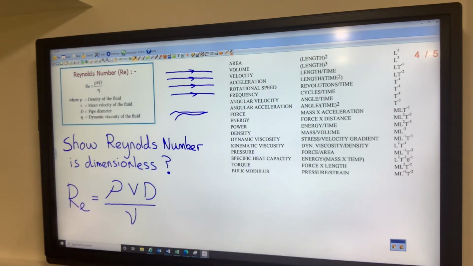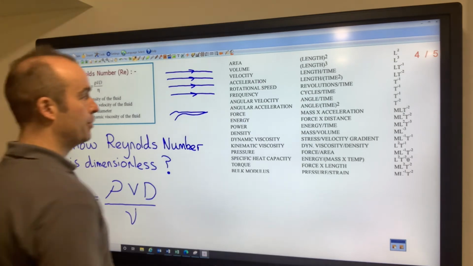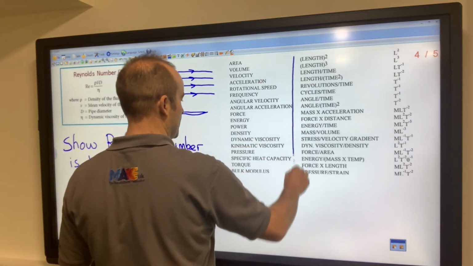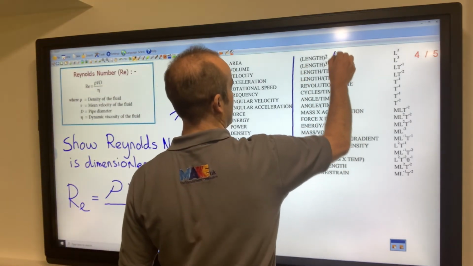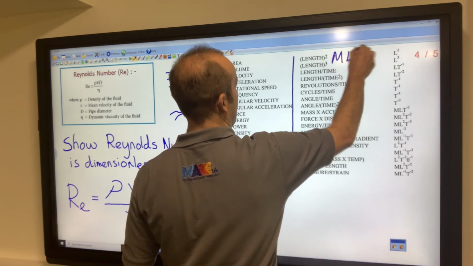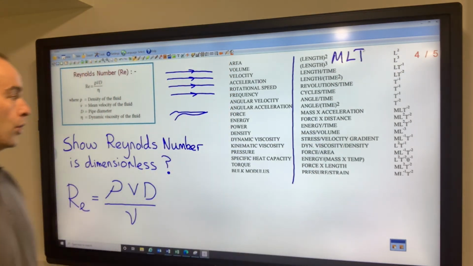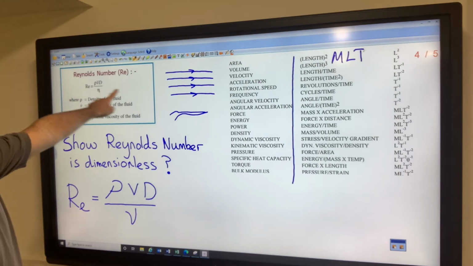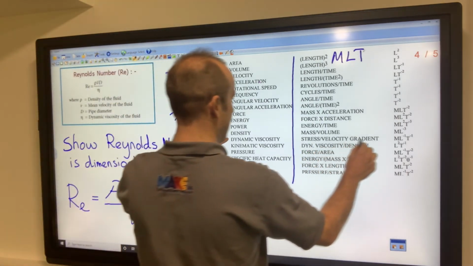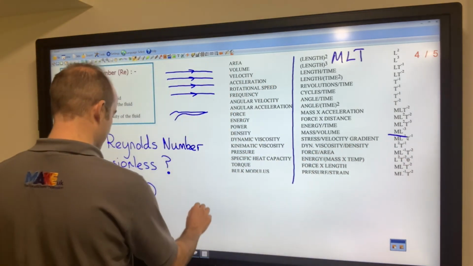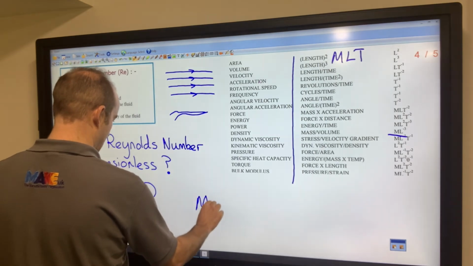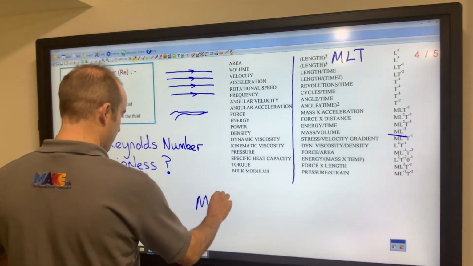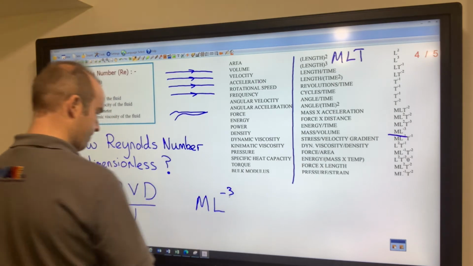I've forgotten. Right, anyway, we're now using this table that I've got off the internet. So your base units are mass, length, time. That's what MLT stands for. So you look up rho, density, that is here: M L to the minus 3.